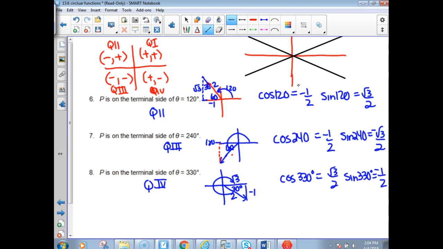You want to think only of your bow tie. You've got to remember that the reference angles are always made with the x-axis, never with the y-axis, and they're themselves in quadrant 1. All right, good. Definitely need to get that straight. That's very important.